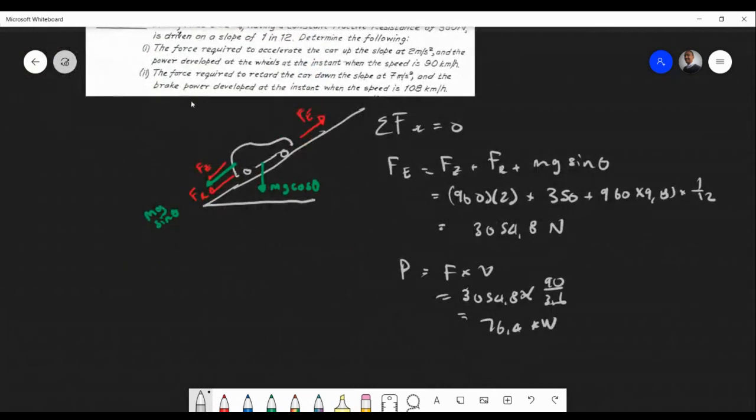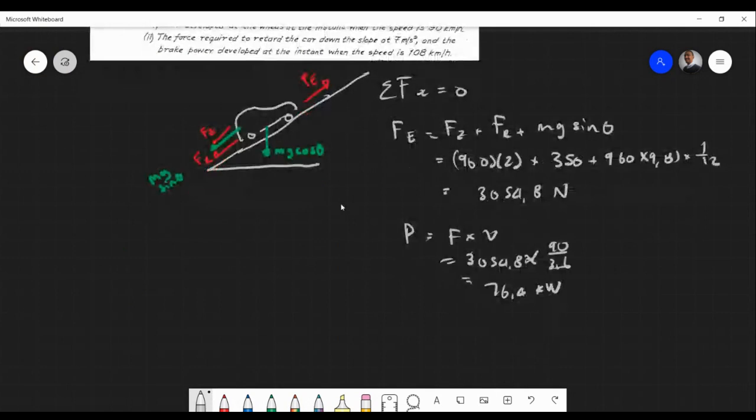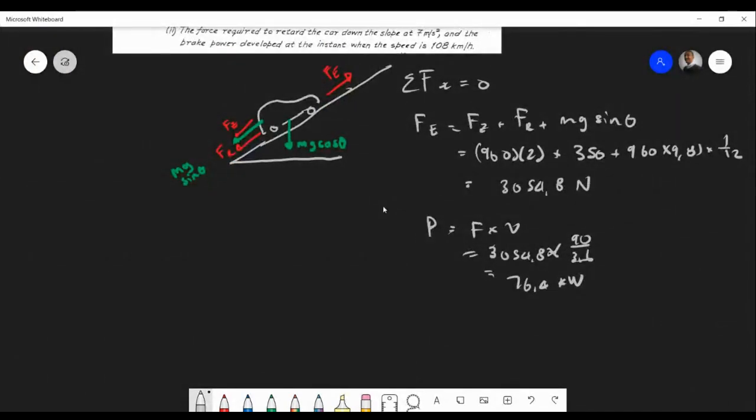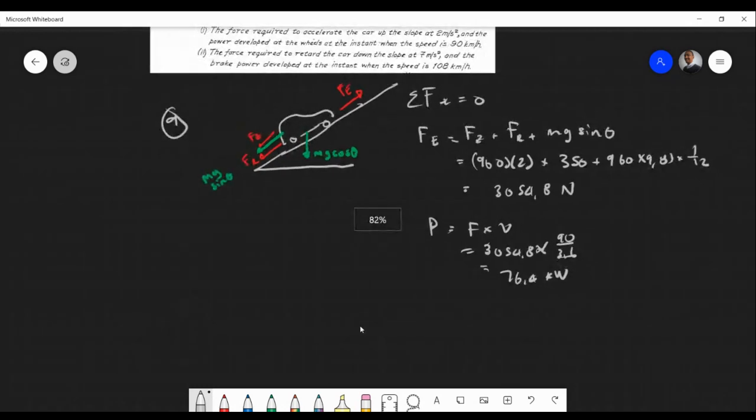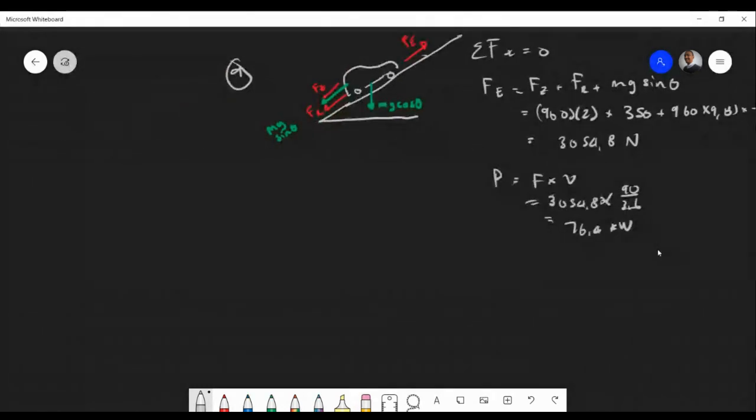The next thing he says, the force required to retard the car down the slope. So now we've got another situation here. You can probably write it below. So always, in mechanics, you're going to need to do your free body diagram. It is of utmost importance.